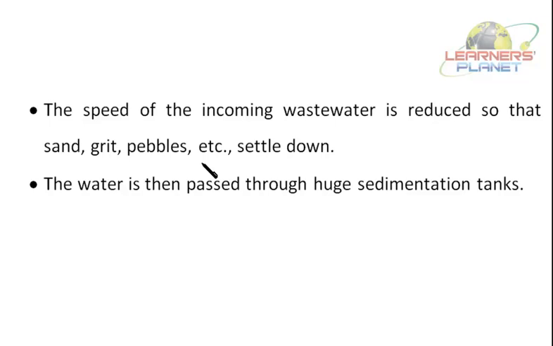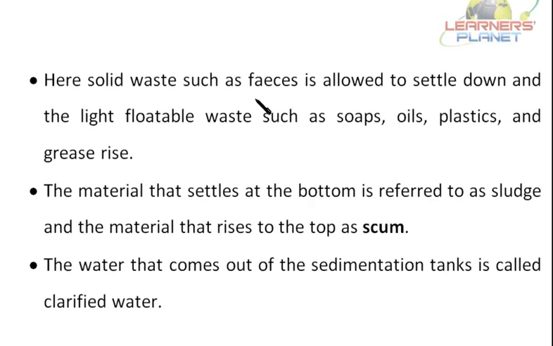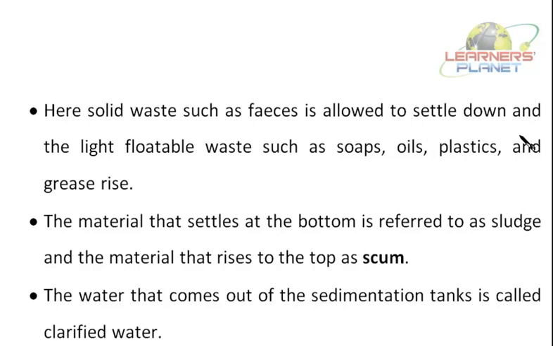After that, the speed of the incoming wastewater is reduced so that sand, grit, pebbles, etc. settle down, and the water is then passed through huge sedimentation tanks. Here solid waste such as feces is allowed to settle down, and the light floatable waste such as soaps, oils, plastics and grease rise or float.